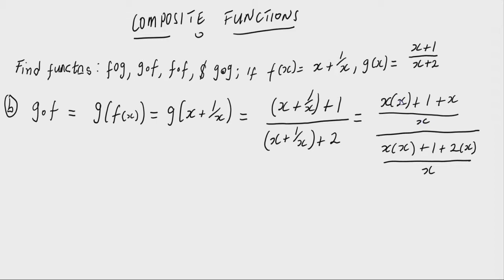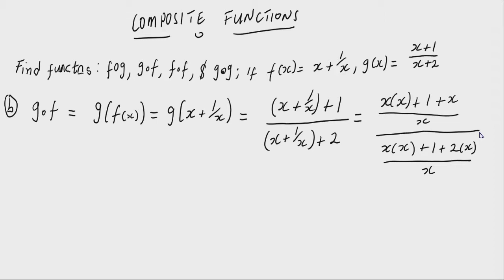If I divide this here by x, I'm just going to get back what I have here. So x times x is x squared, and then 1 divided by x is that right there, plus 1. If I divide x by x, we're just going to get 1 here. So I changed nothing. I just rewrote it.